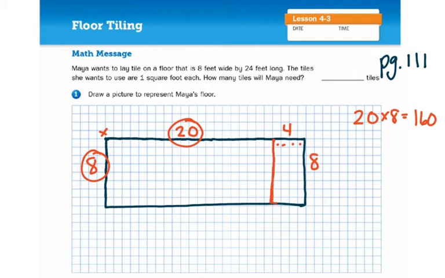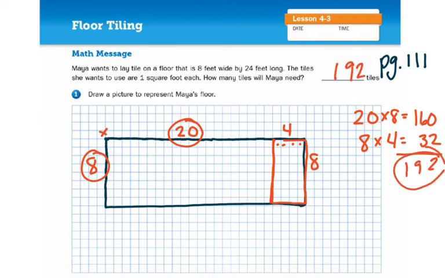Then I could just take this area is length times width. And if I add those two together, I would get 192 tiles. Now we will learn how to multiply two numbers like 24 times 8, but right now we're going to start with what's called partitioning rectangles.